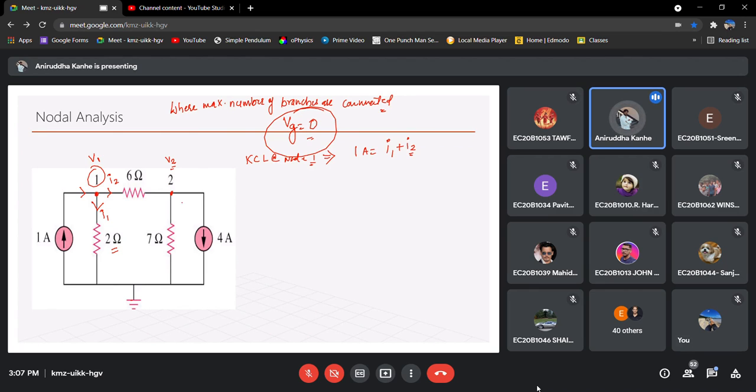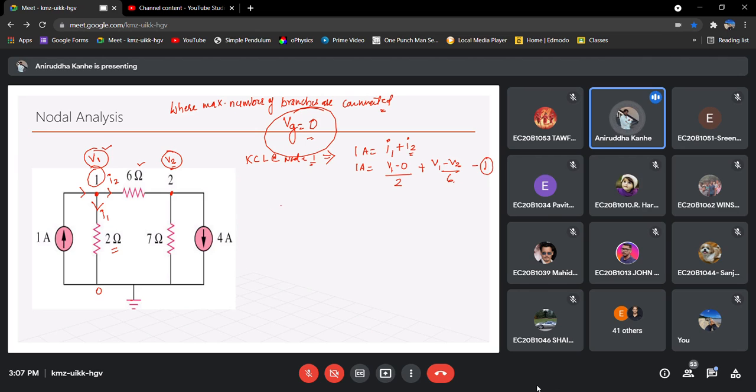So one can write 1 ampere is (V1 minus 0) divided by 2 plus (V1 minus V2) divided by 6. So this is your first node equation.